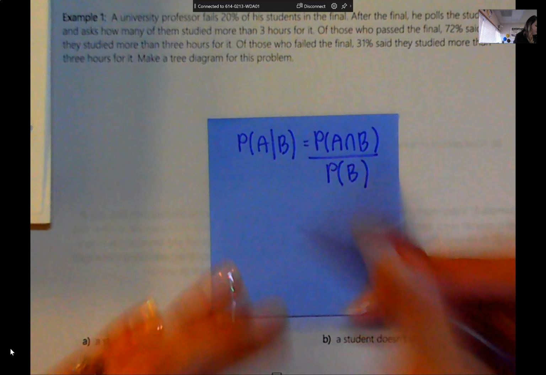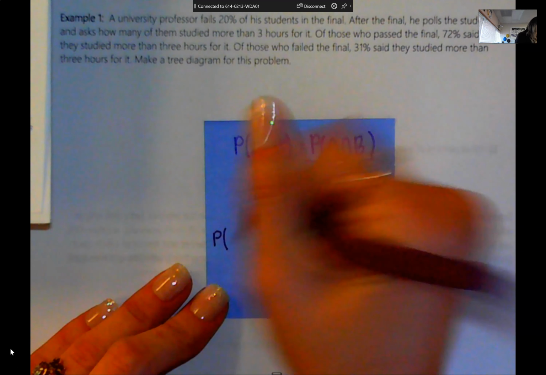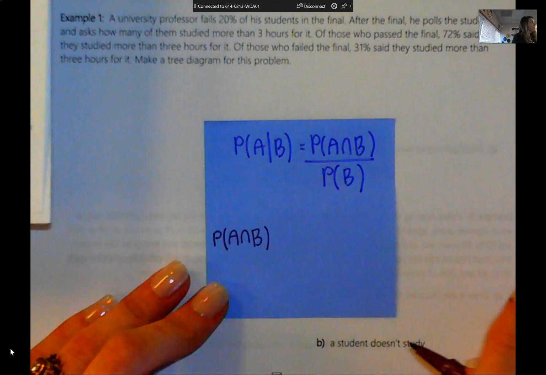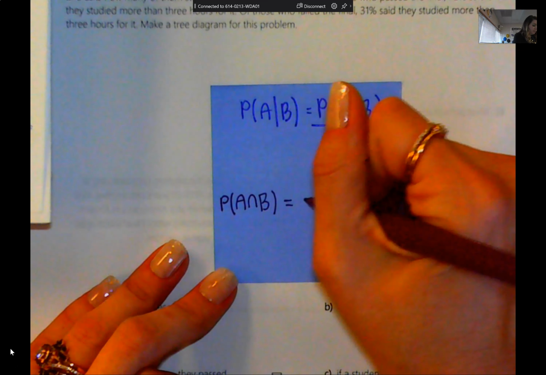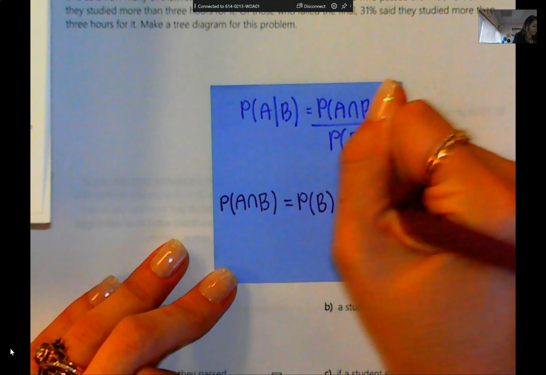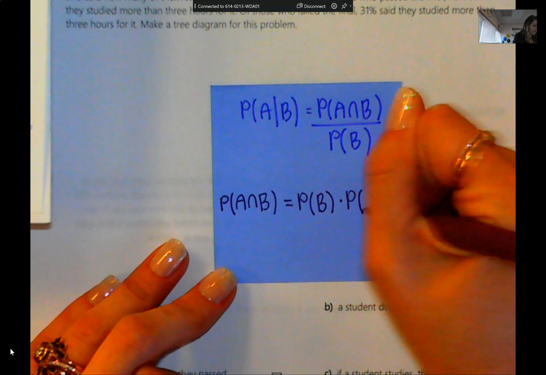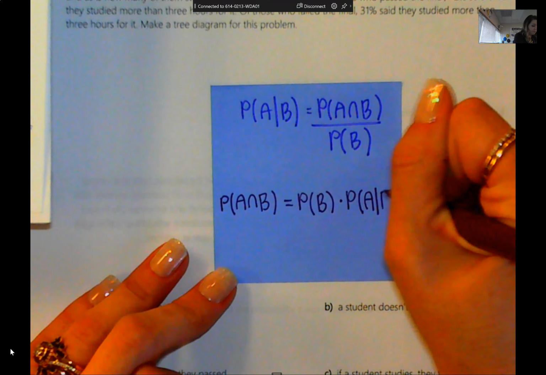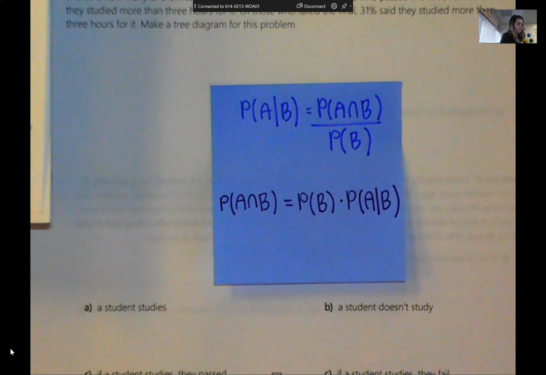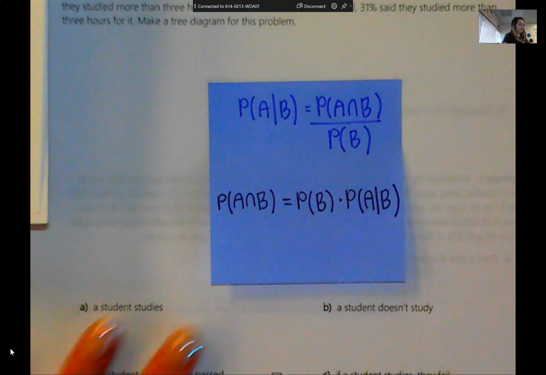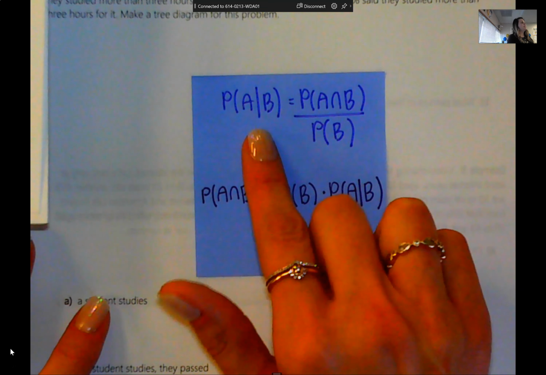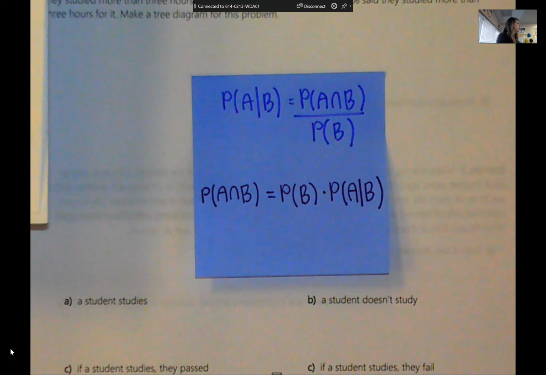So I'm going to use the probability of the intersection A and B is the probability that B happens times the probability that A happens given B happened. So these two formulas are related. They're just rearranged. They have all the same pieces. They're just in different positions.